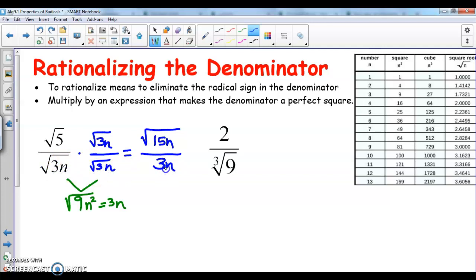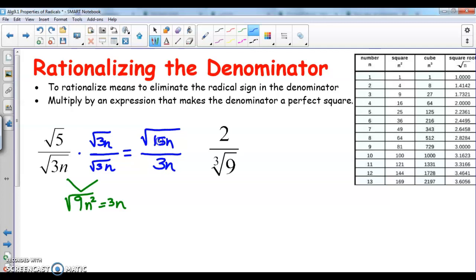Of course, by doing that, it affected the numerator of our original expression. And this is okay. You can have a radical sign in the numerator, but not in the denominator. So that's why you have to rationalize the denominator. Now, quick question. Can I divide the 15 here by 3 and cancel the n?